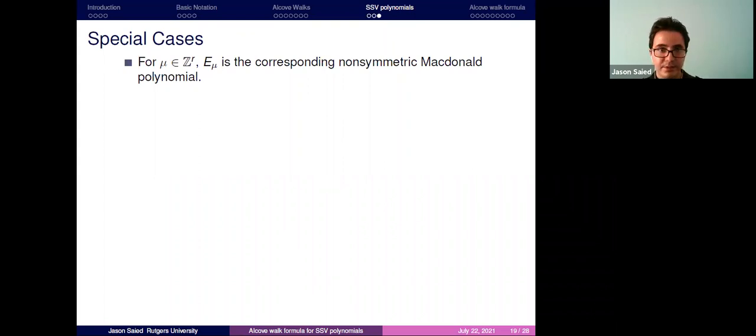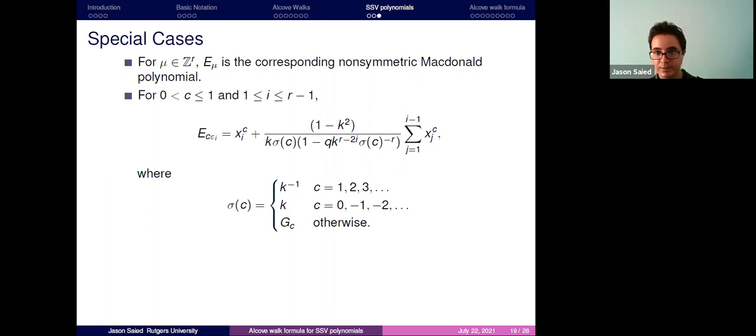So what I want to show first is what I'll call a generalized one-box formula. Looking for this was suggested to me by Arun Ram. It's very similar to a result that he's written down. If we have a tuple that's just a c in one spot and a 0 in all the others, where here c is between 0 and 1, then the SSV polynomial has this very nice form.